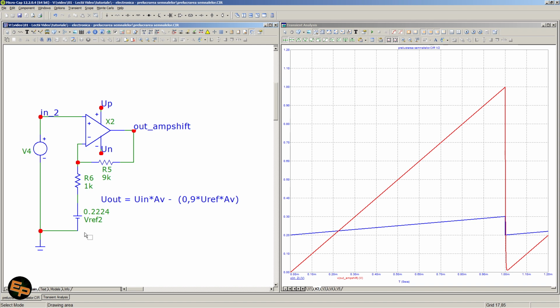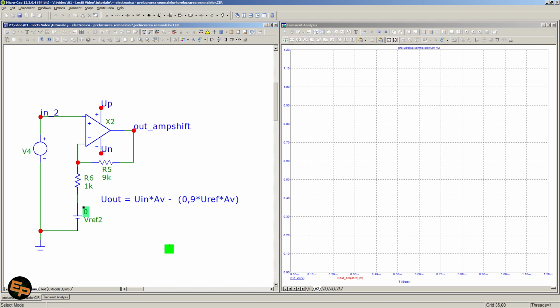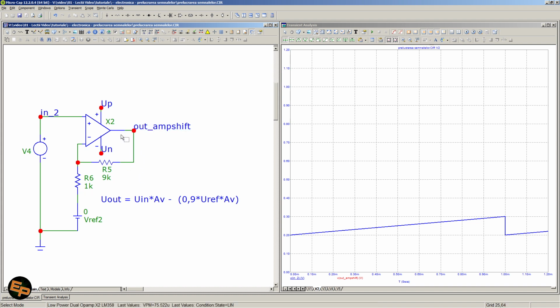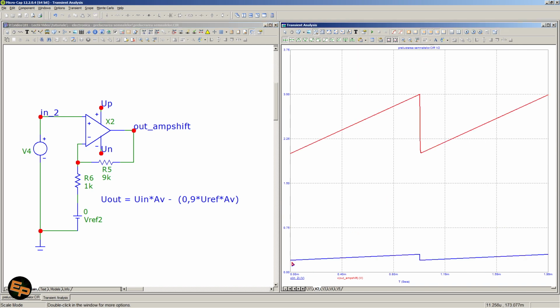If we would simply create a non-inverting amplifier, okay, we would have the signal amplified with all of its values. So a signal that goes from 0.2 to 0.3 volts amplified 10 times will give a signal that varies between 2 volts and 3 volts.